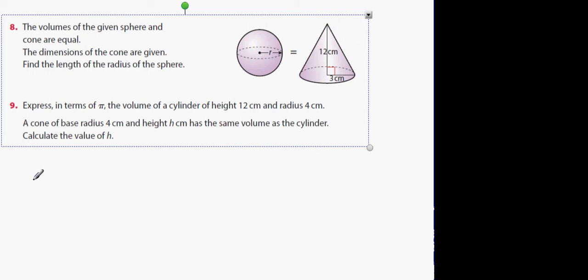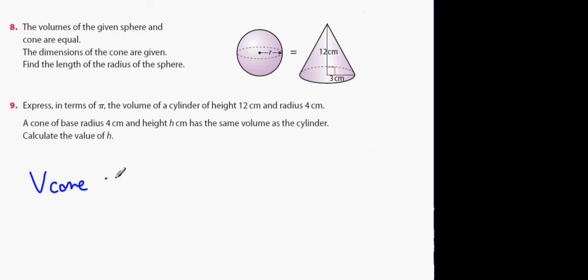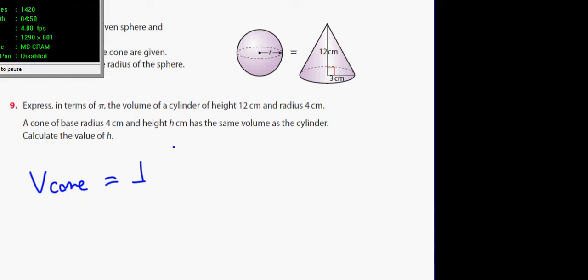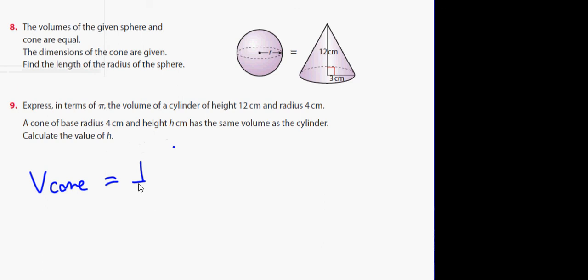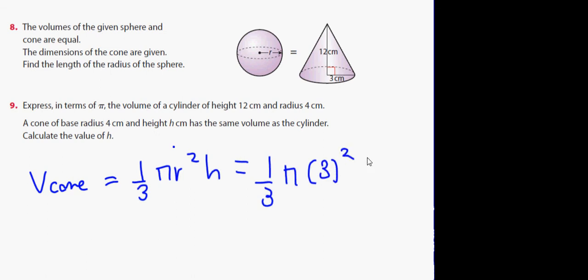So what we get for the cone is volume of cone is a third pi r squared h. And what we get here is a third pi multiplied by r squared. R squared is going to be 3 squared, and the height is 12.